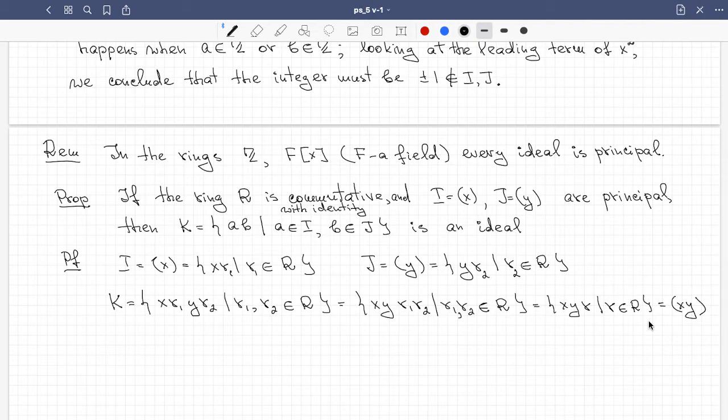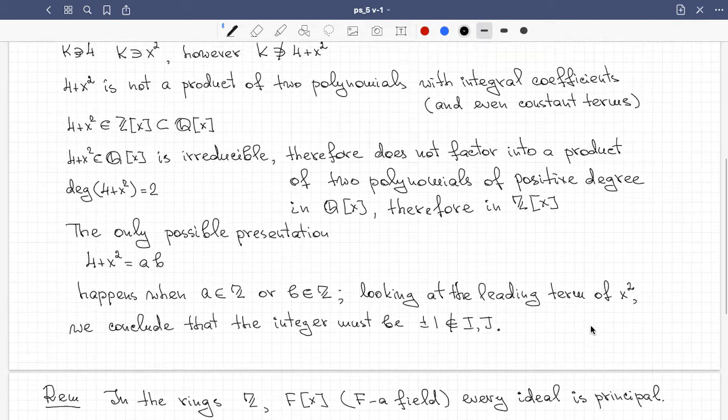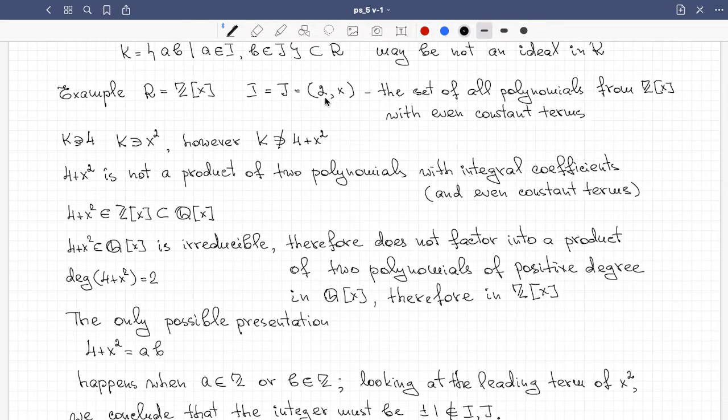So, therefore, starting from this observation, for the example here, we needed an ideal which is not principal. We once proved that this ideal is really not principal. There is no element in this polynomial ring to generate this whole ideal.